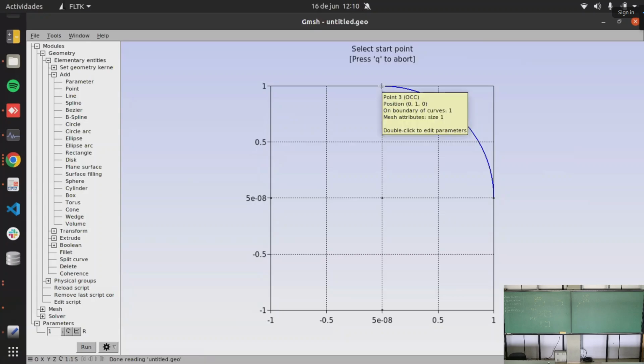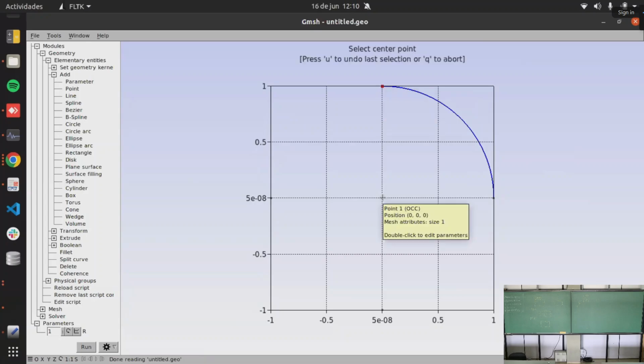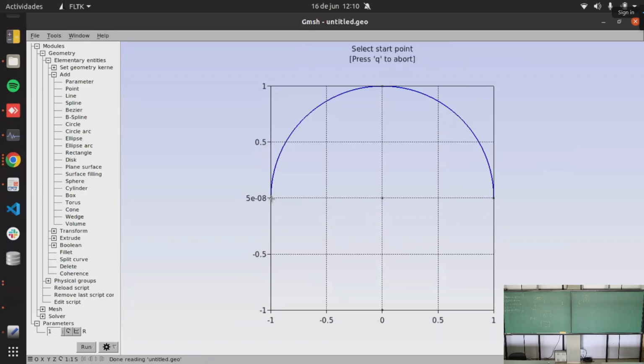It is a different method from the line. So, okay. I forgot the center point. And the other quarter.